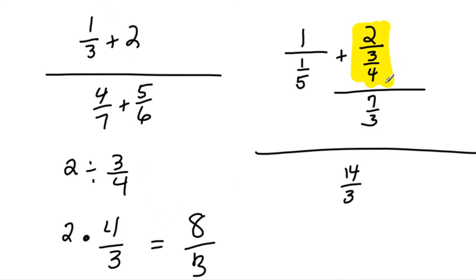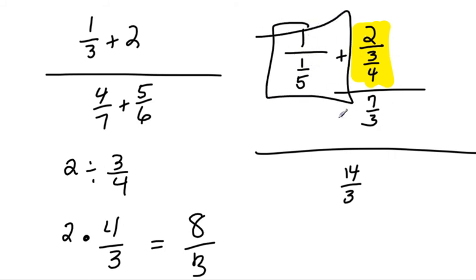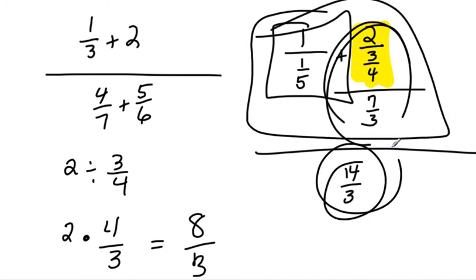Then you do 8/3 divided by 7/3. Get that answer. Then you would do this one first, and then you'd get that one fraction and add it to this one fraction. And then you would take that one fraction when you got those together and divide it by that fraction.